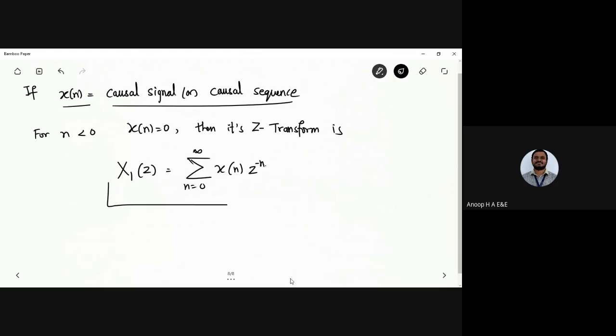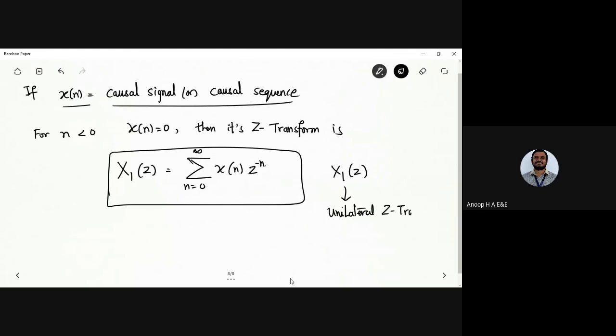This type of representing the Z transform, that is x1 of Z, is said to be the unilateral Z transform. This is for a sequence where x of n is a causal signal.